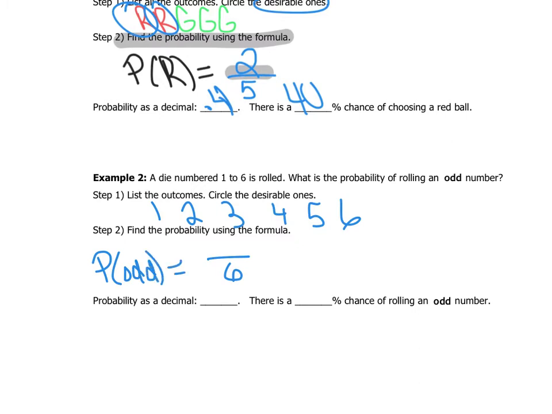Well, how many odds are there? 1, 3, 5. There are 1, 2, 3 of them. So the probability of rolling an odd number is 3 out of 6, which simplifies to 1/2. As a decimal, 1 divided by 2 is 0.5, or there's a 50% chance of rolling an odd number.